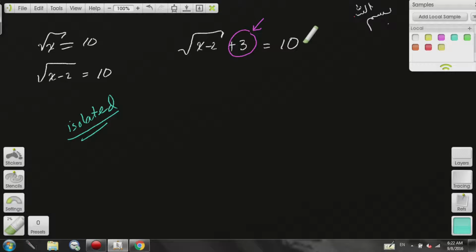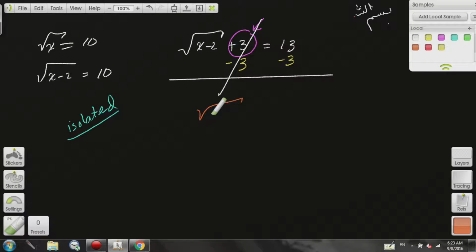So first thing we do here is get rid of this 3. So you subtract 3 from both sides. That was supposed to be 13 after correcting it like 10 times. So I subtract 3 from both sides, like this. Then I get square root of x minus 2 equals 10.